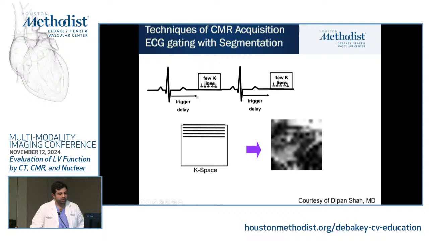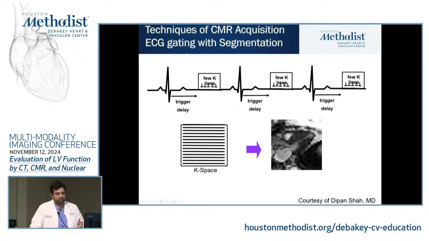If you take a few K-space lines from one beat, you get an image like this. So it's not like you're going to get one section and then another section and a third, but rather each of the lines contributes something to the information. And as you acquire more beats, in this case, if you do those 3 full beats, you can refine and improve the resolution of your image in terms of contrast information and then edge detection to end up with those very nice pictures that I showed you earlier.